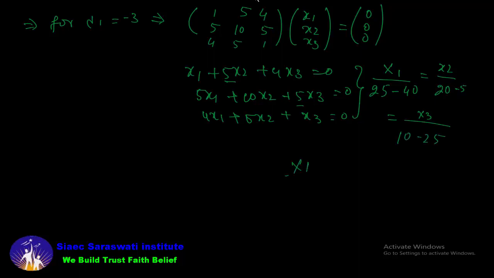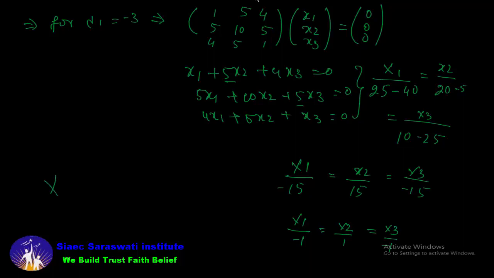So x1 upon, on solving these, 25 minus 40 that is -15, equal to x2 by 15, equal to x3 by -15. So it will cancel out, and x1 is -1, x2 is 1 and x3 is again -1.